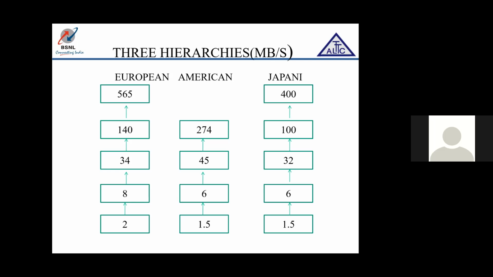So SDH can cater up to 40 Gbps, 40 gigabit per second. Now we even have capacity more than SDH. In the case of DWDM, we are going up to 400 Gbps and more. But DWDM is higher than these SDH standards, which means at the city level, aggregation takes place on SDH. So DWDM we can discuss after that.